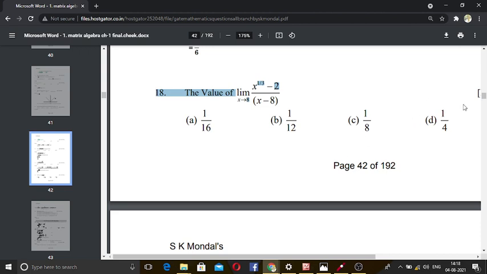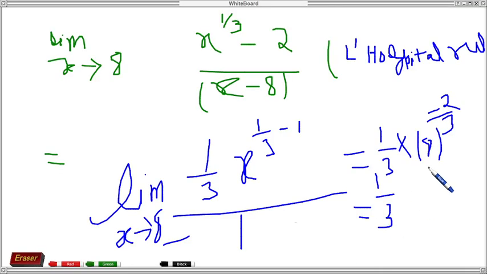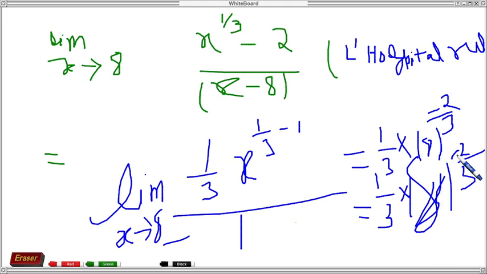You will get the answer D, 1 by 4. If you simply calculate it to the power 2 by 1, I think you know how to calculate this. Because you are students of 11th, 12th and engineering, you know about this 8 2, and that will cut through this.